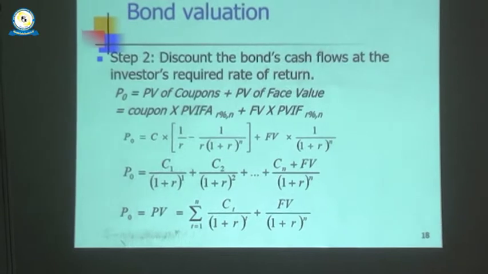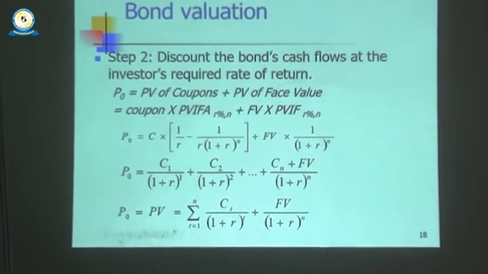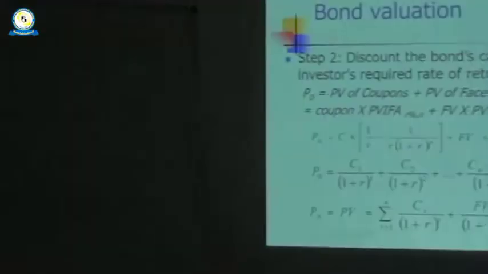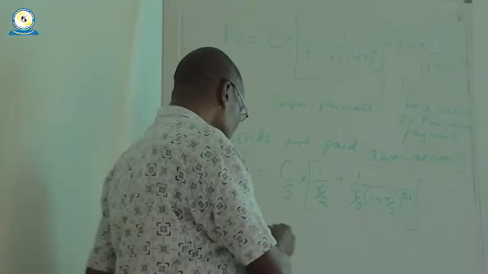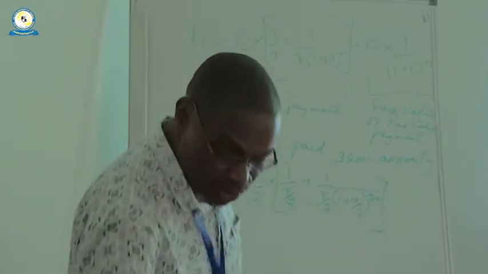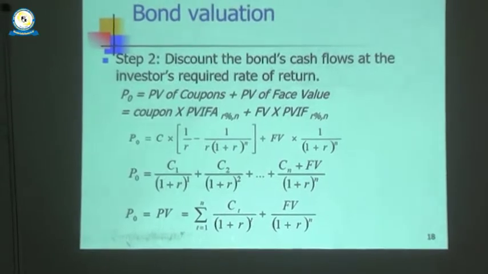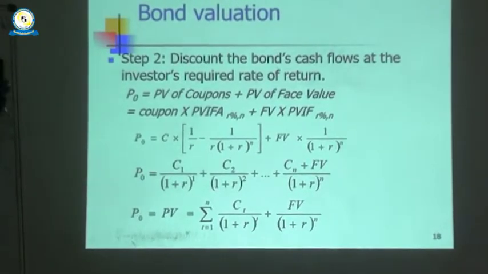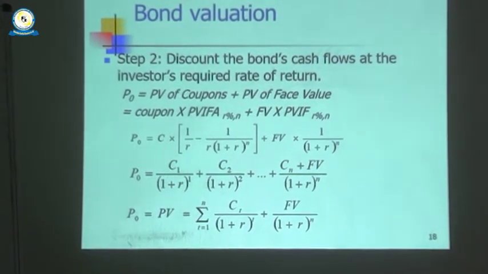So there are principally 3 forms. First, by using the financial table. The second, by using a calculator. But the third, you can also use the formula.